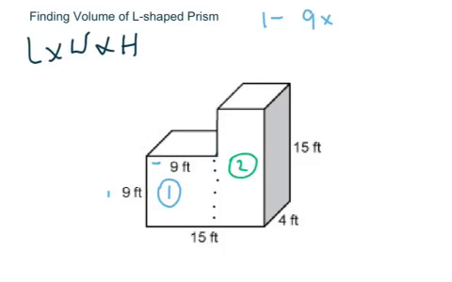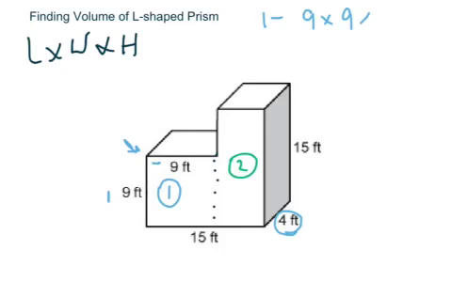I know the height is 9 feet, so 9 times 9, and the width, oh, there we go, the width is 4 feet. So I need to go over here and use this measurement, even though it appears to be a part of rectangular prism number 2, it's the same width as this over here, we just can't see it because of the way the shape is viewed from our angle.